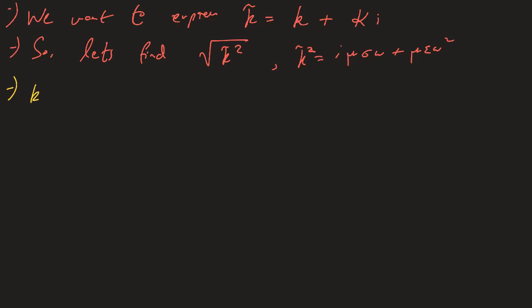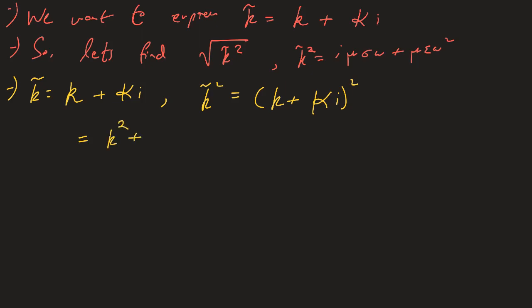So if k tilde is equal, I want to write it in the form of some real propagation vector plus some imaginary propagation vector, then the square of k tilde is equal to k plus kappa i squared, which is equal to k squared, the real part squared, plus 2 k kappa i minus kappa squared.